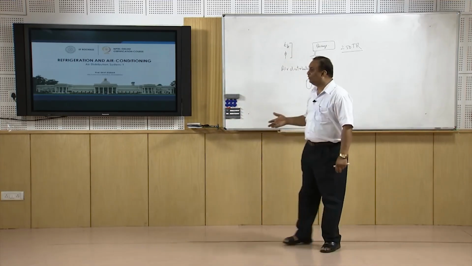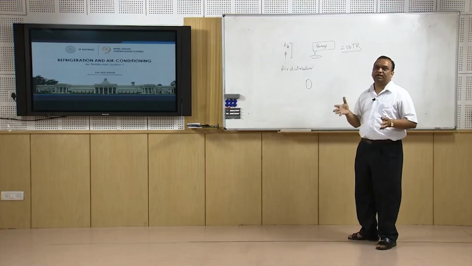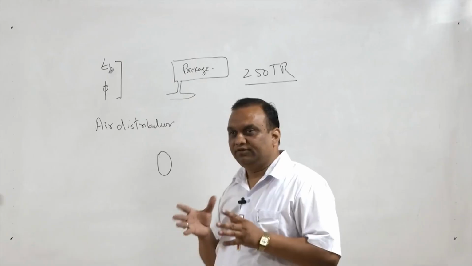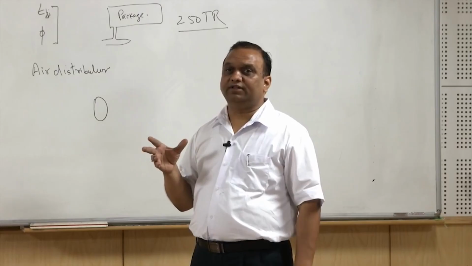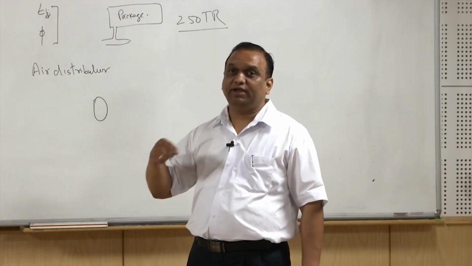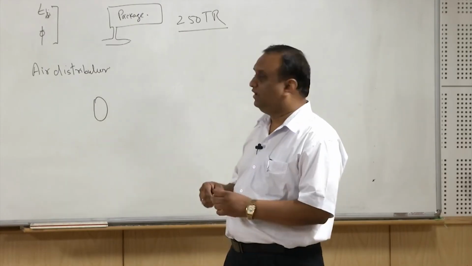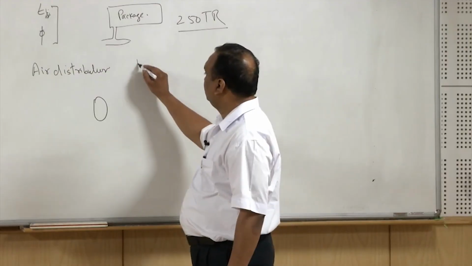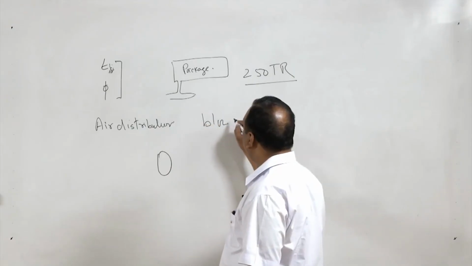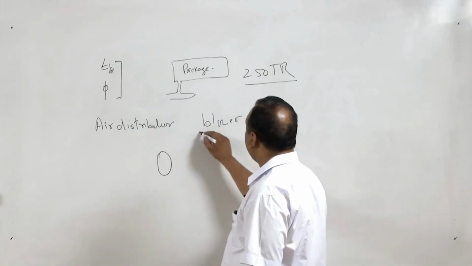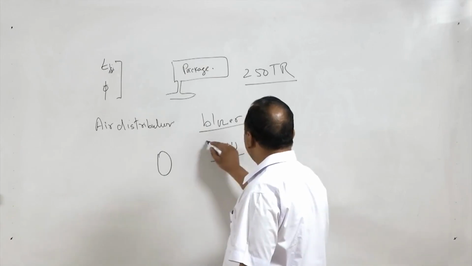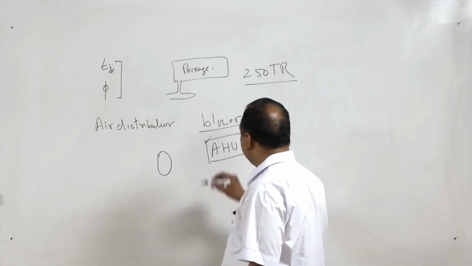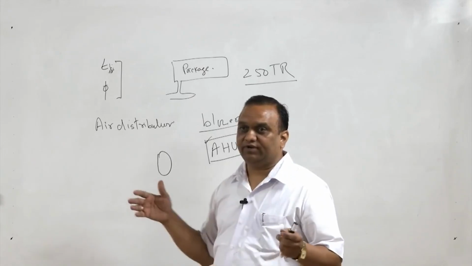I am just telling you how much bulk of air has to be handled by the system. For the movement of this air, we need blowers, big size blowers. They are known as AHUs, air handling units. Air handling units consume a lot of energy.